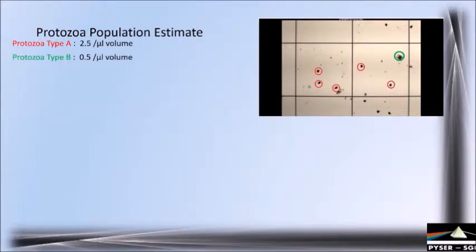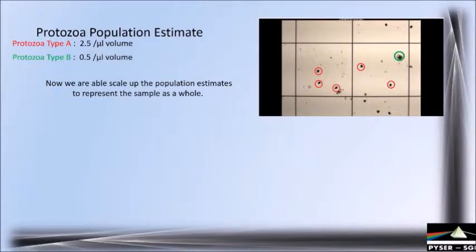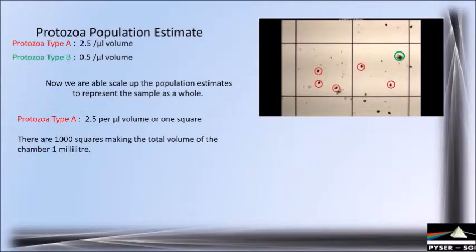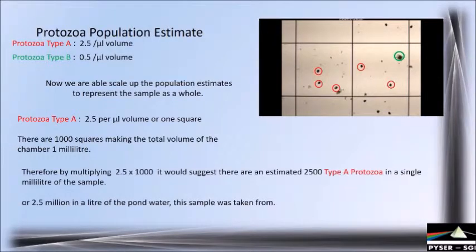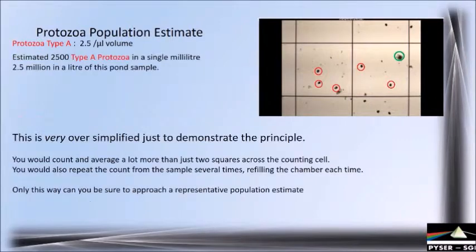Well, looking at the red protozoa again, we're able to scale this population count up based on the fact that there are 1,000 squares in the chamber and there are 2.5 per square. So that means there are 2,500 of these protozoa in the chamber as a whole, and scaling that further, that's 1 milliliter for the chamber, means there's 2.5 million in a litre of the same sample liquid.